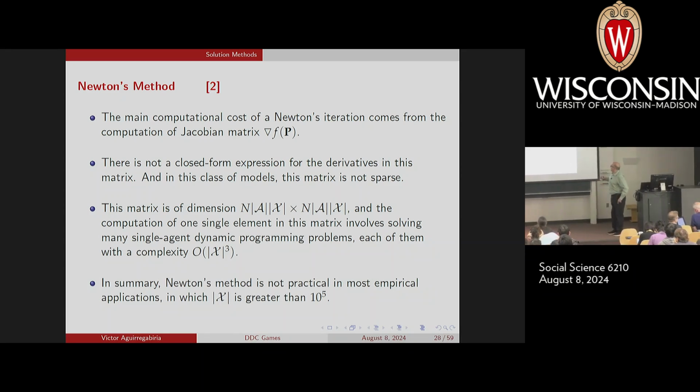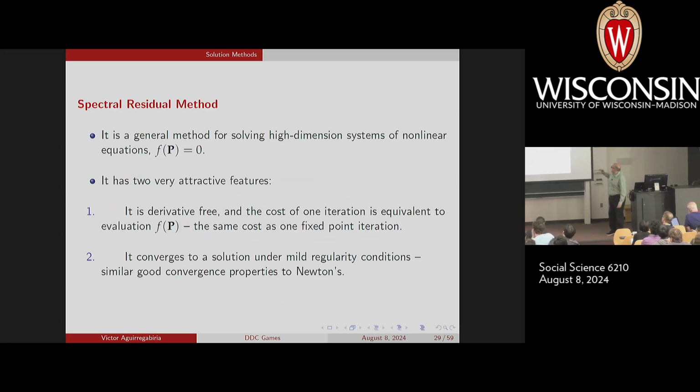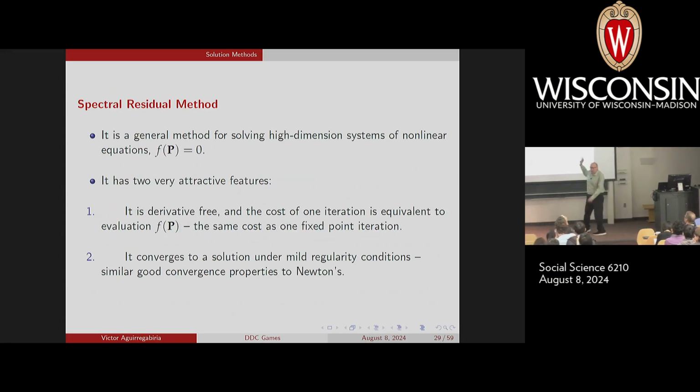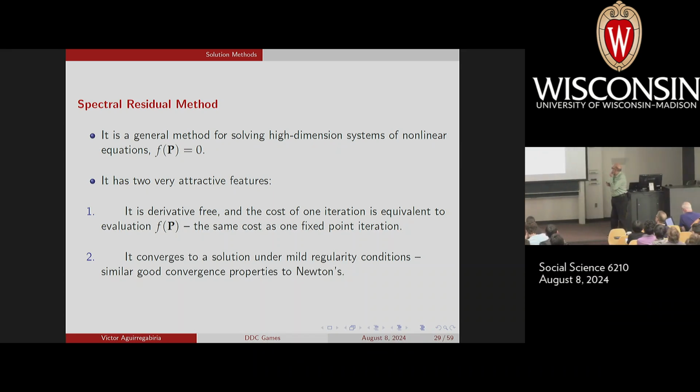Okay, then Newton's method: convenient for convergence, not so convenient because each iteration can be very costly. Spectral radius methods, let me just mention them very briefly. I'm not going to present exactly the iteration equation. But basically, these are state-of-the-art methods in computer science to solve systems of nonlinear equations of very high dimension, with millions or billions of possible nonlinear equations, okay?